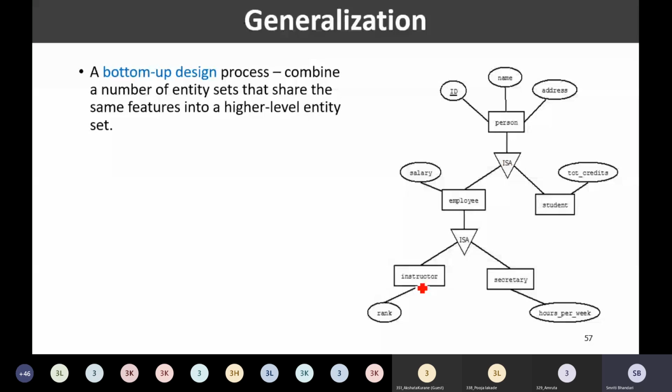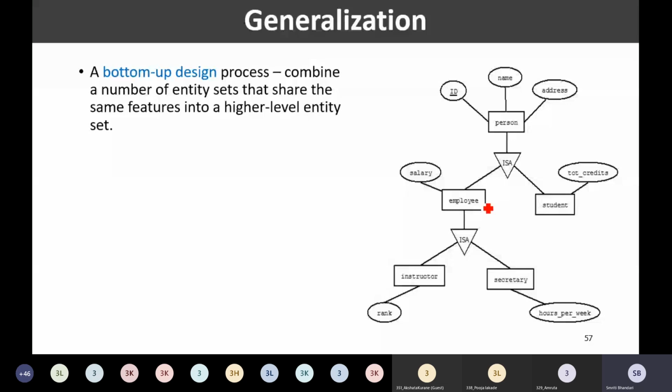Whereas in generalization, we first identify that there is instructor, there is secretary, and then we come to know that instructor and secretary are actually employees. So we collect the common features of instructor and secretary and we come up with the entity set employee.